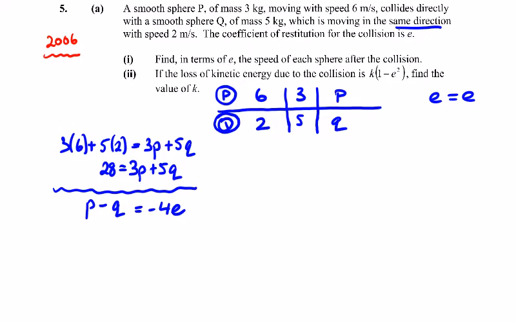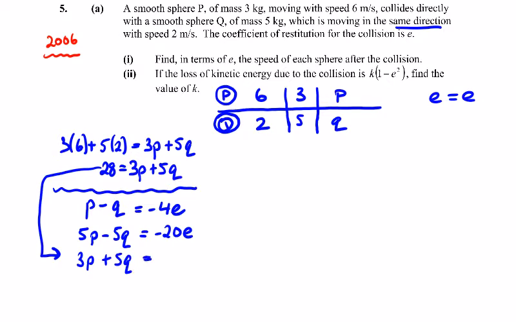So what do we need to do here? We need to cancel something, so let's cancel the Q seeing as it's minus. So we need 5 of them. 5P minus 5Q equals minus 20E. And then bringing this one down, I'm going to get 3P plus 5Q is equal to 28. So I'm going to get 8P is equal to 28 minus 20E.